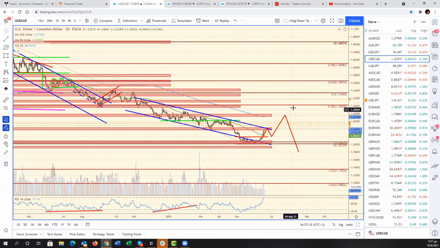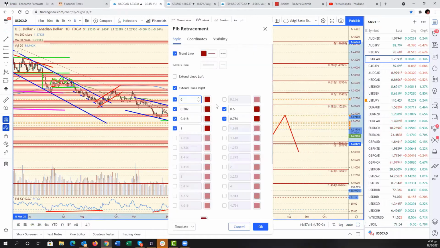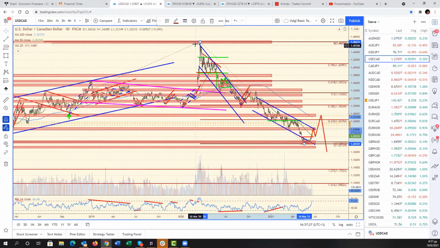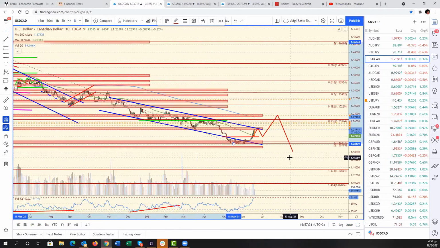That is going to be a little bit more than the 23.6% fib of the move lower. It's going to be roughly a 30% retracement of the whole move lower. So nothing to write home about, right?